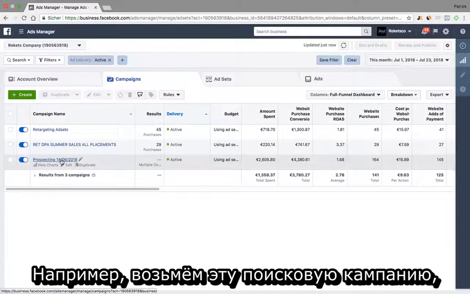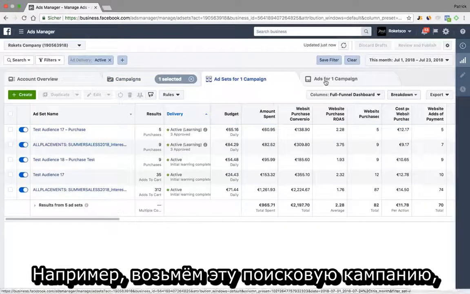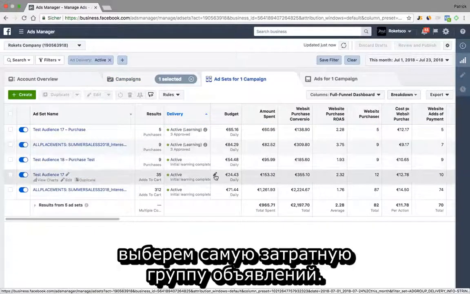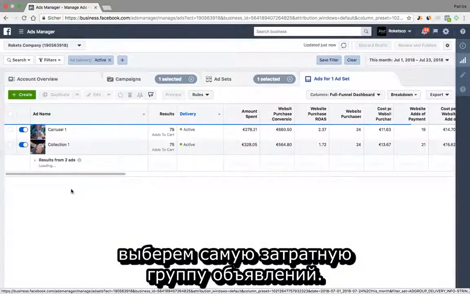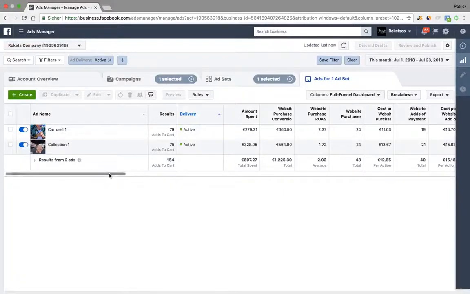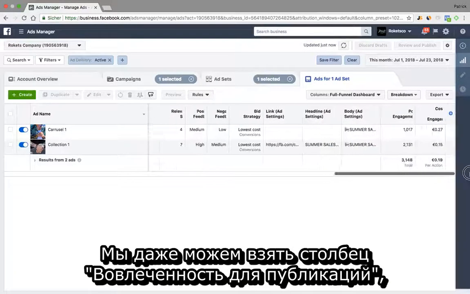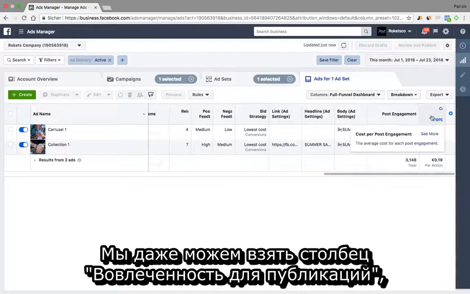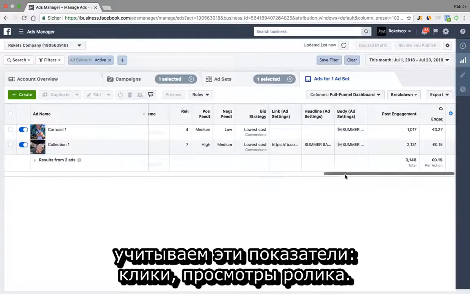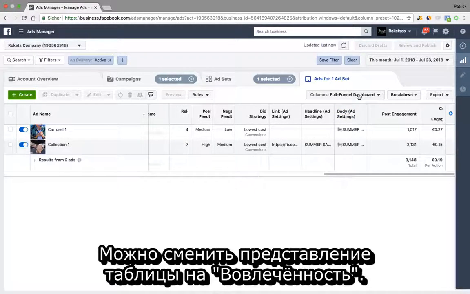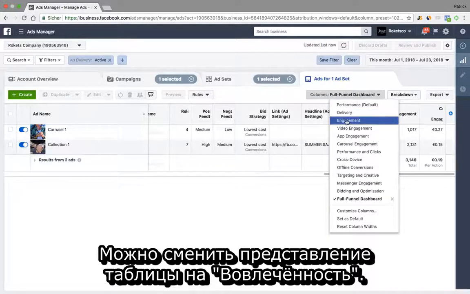For example, if we take this prospecting campaign and let's take one of the ad sets where we spent the most, so we have those two ads, we could either take the post engagement column here, but this one also takes into consideration clicks and if it's a video views, so that's not ideal, but you can change the column to engagement.